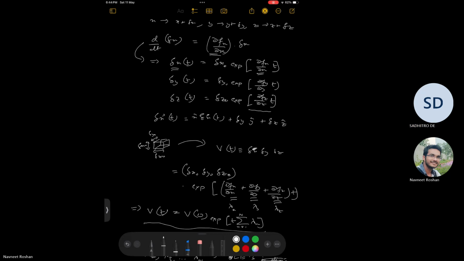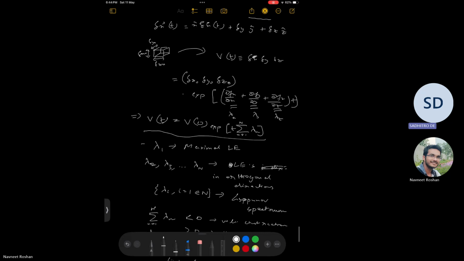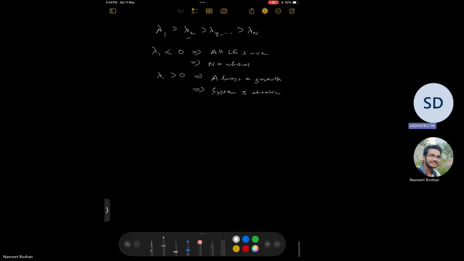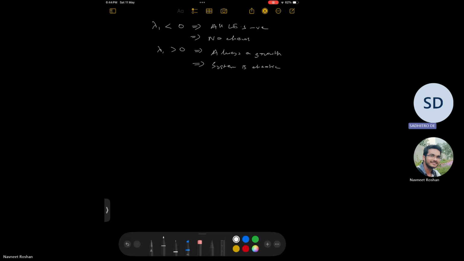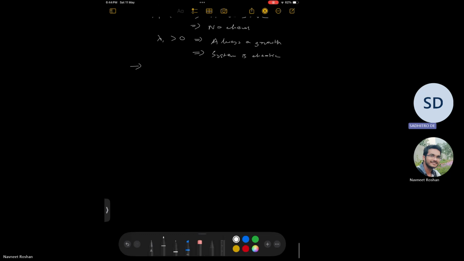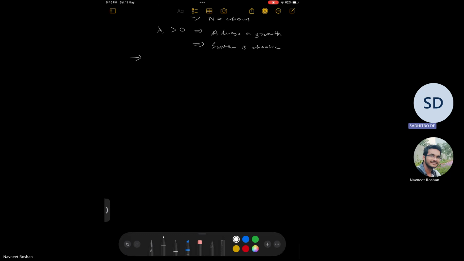So then how do we calculate the different Lyapunov exponents when we try to solve it on a computer? There is a method for this, and it depends upon the Gram-Schmidt orthonormalization procedure.